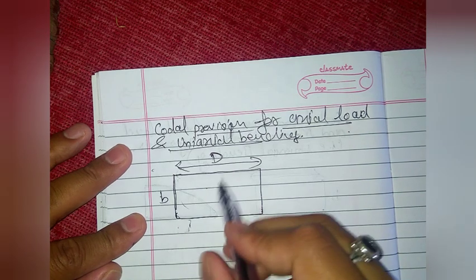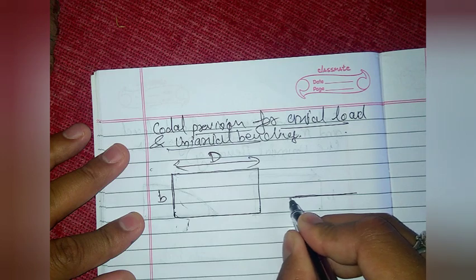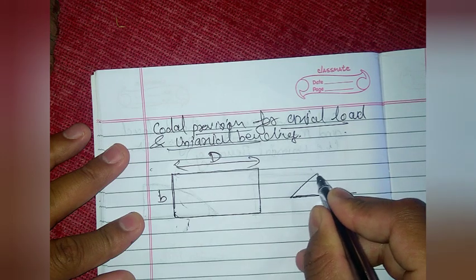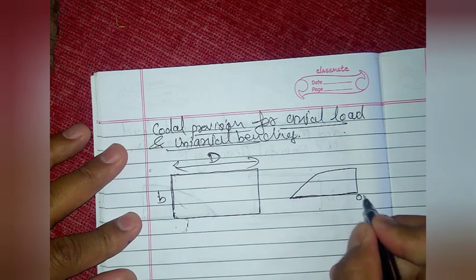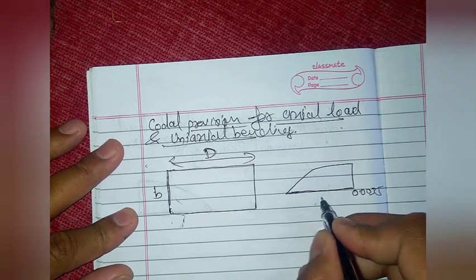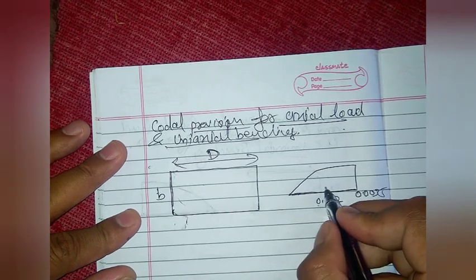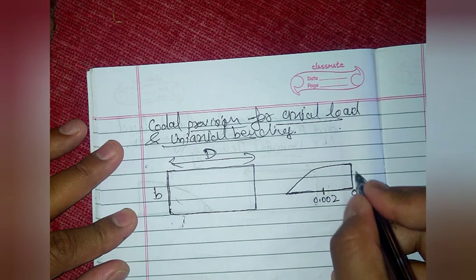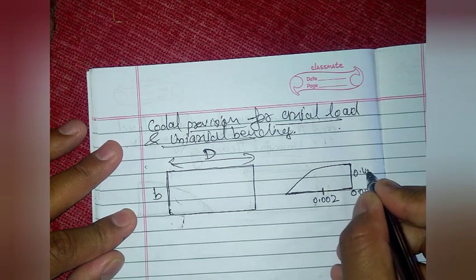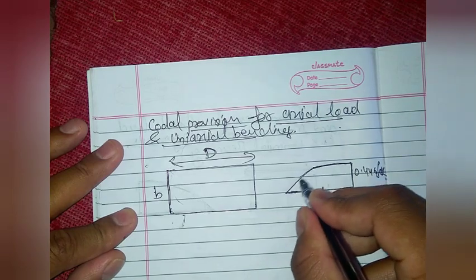Let us take the stress-strain distribution for concrete first: the maximum strain is 0.0035, somewhere here is 0.002, and the maximum stress in the outermost compression fiber is 0.446 fck.